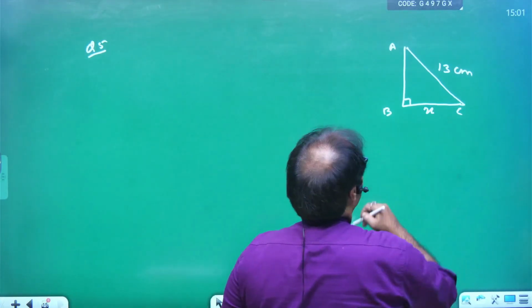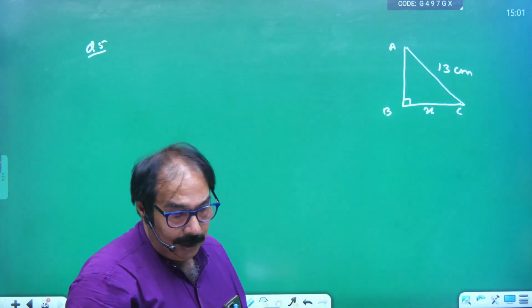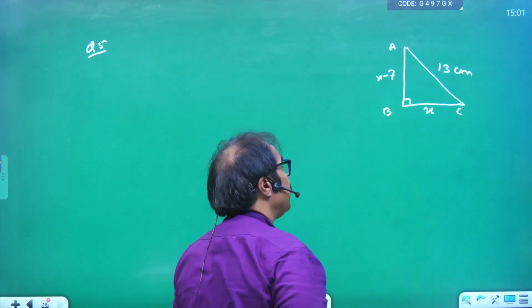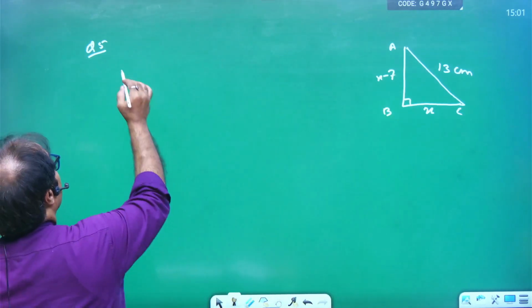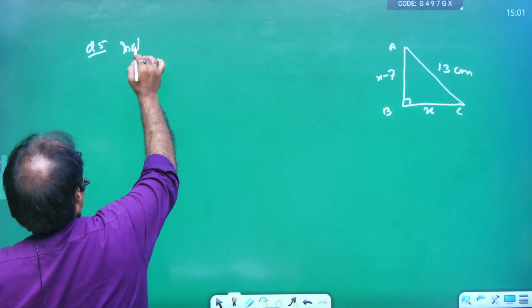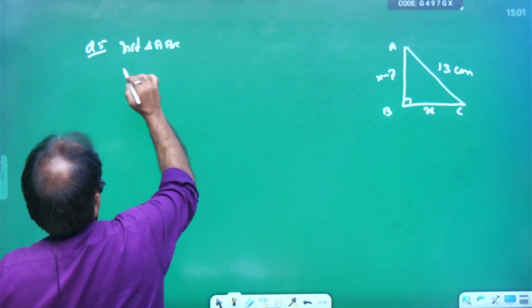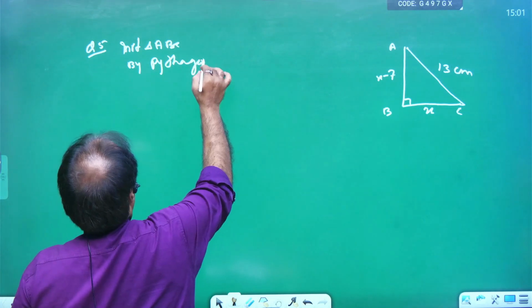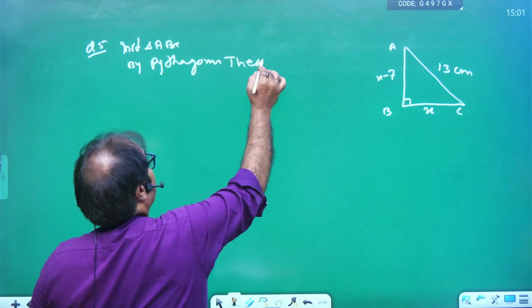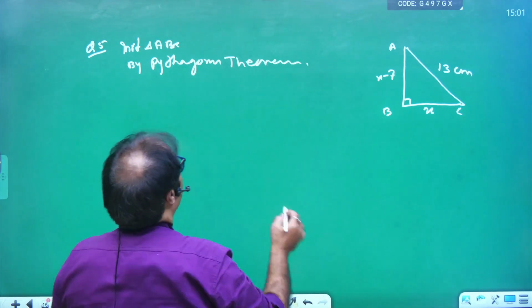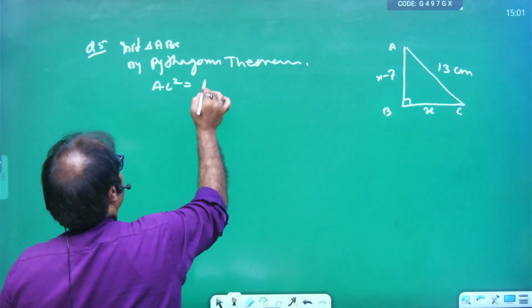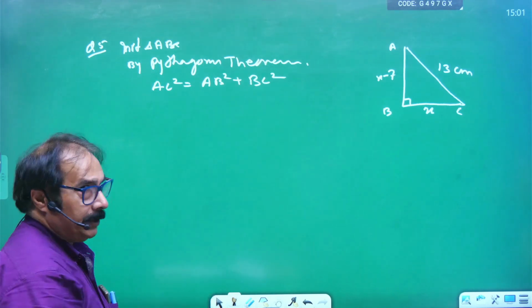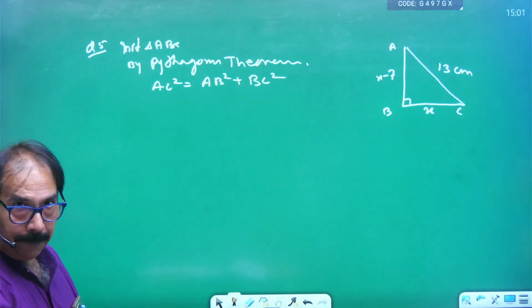Suppose the base is x. Then what about the altitude? Altitude is 7 centimeter less, means x minus 7. And now it is a right angle triangle. So in right triangle ABC, by applying the Pythagoras theorem, and the Pythagoras theorem says that the square of the hypotenuse is equals to the sum of the squares of the other two sides.